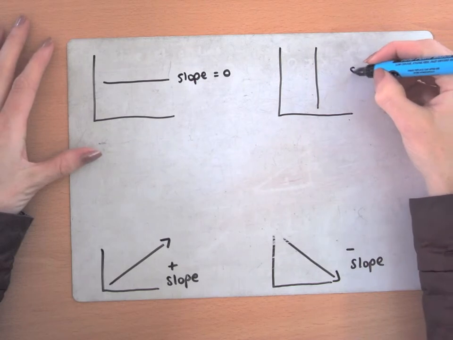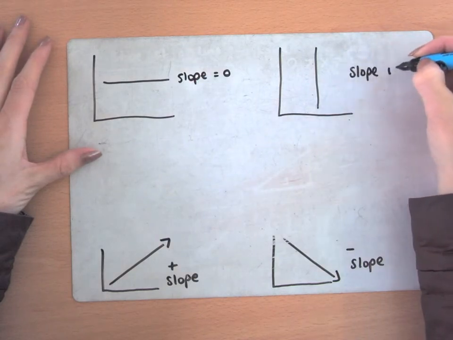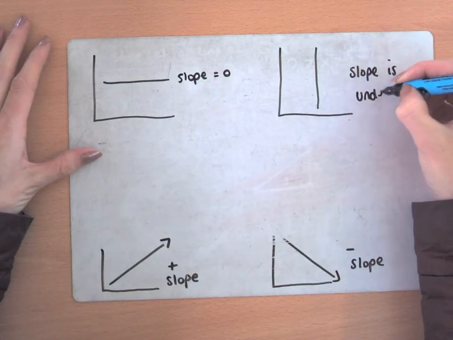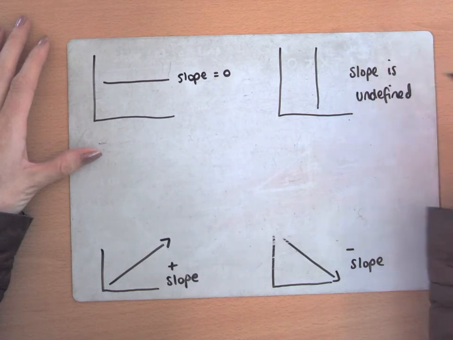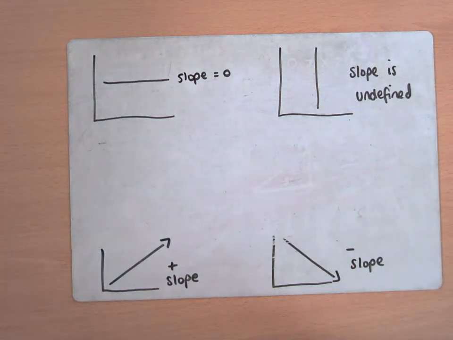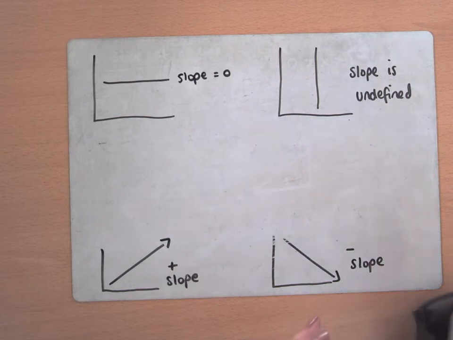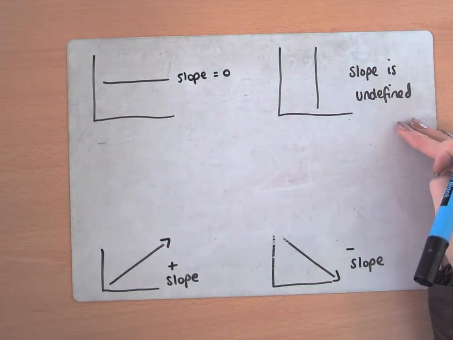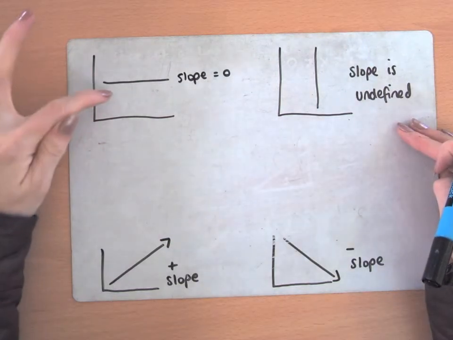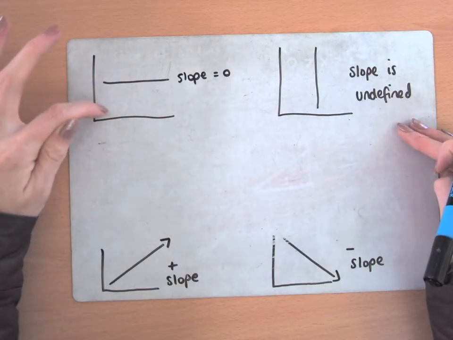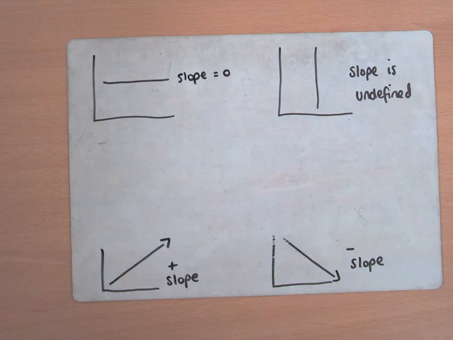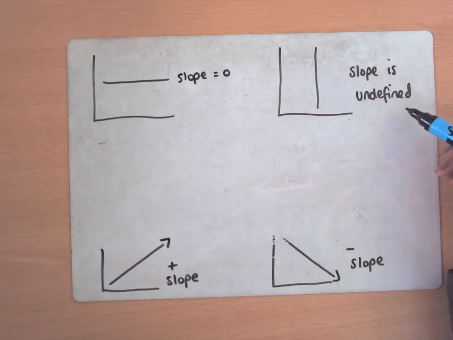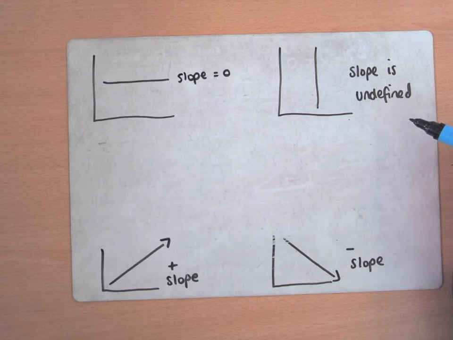And a vertical line, your slope is undefined. You can't get the slope of that. Slope is undefined. So you might just want to learn a horizontal line always has a slope of 0, and a vertical line is called undefined. That's more so in Leaving Cert, but just at least you've heard of it now, okay?